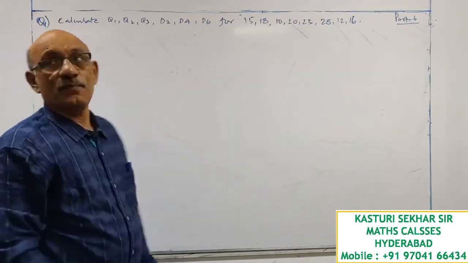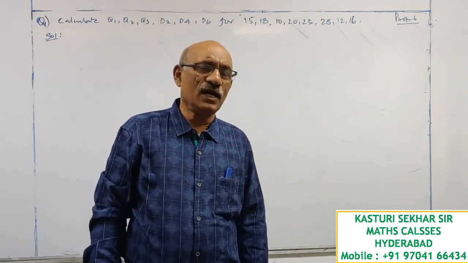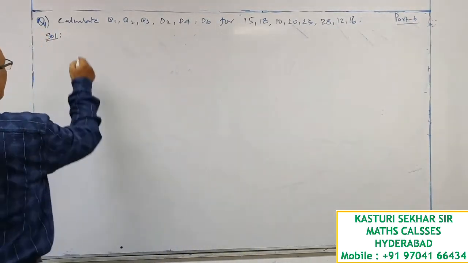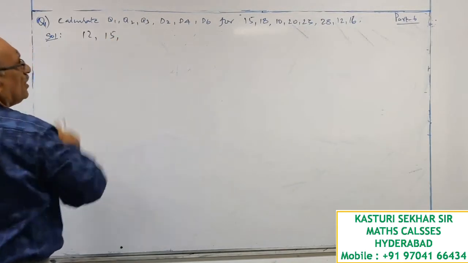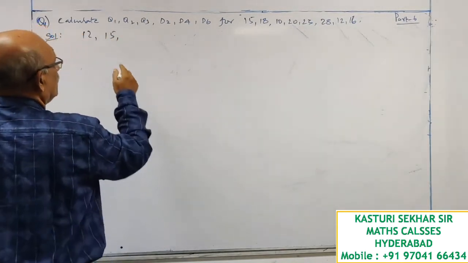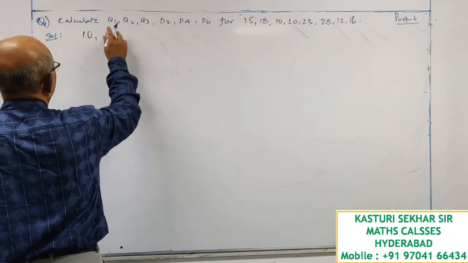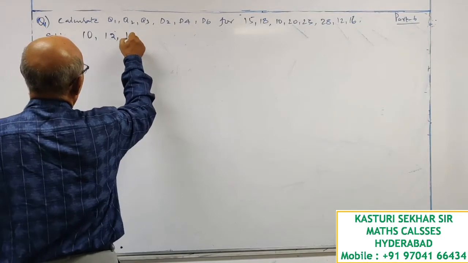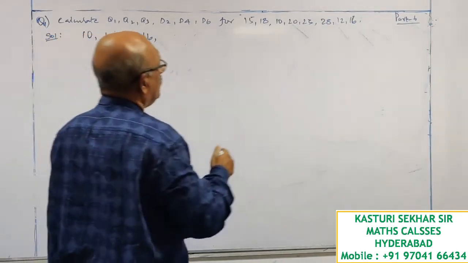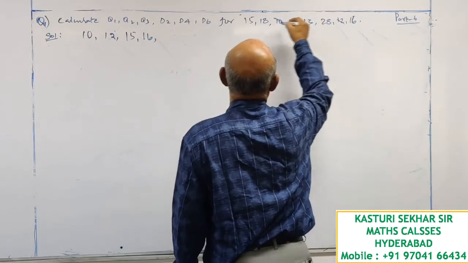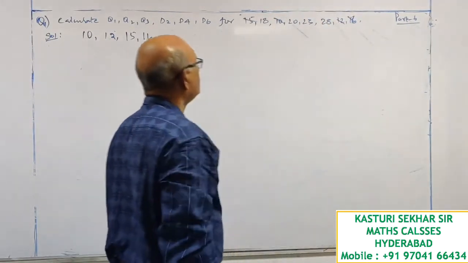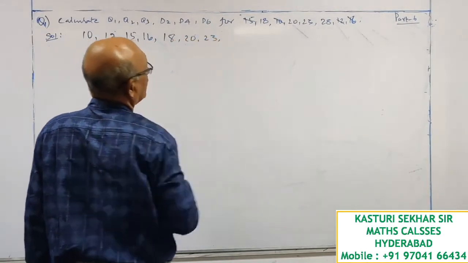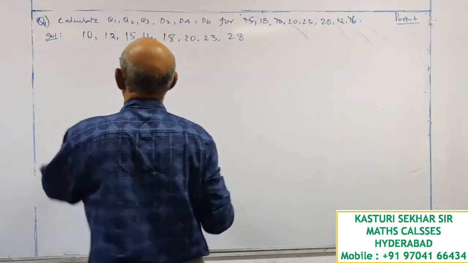See the solution. First we have to arrange the given set of observations in increasing order. So 10, 12, 15, 16, 18, 20, 23, 28.